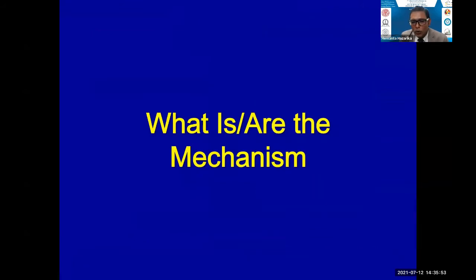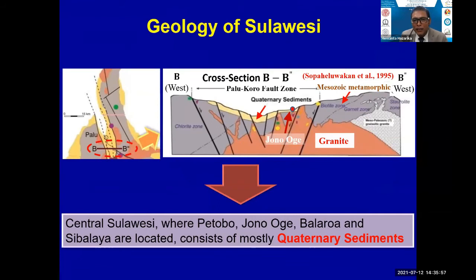So what are the mechanisms? First, you have to look at the geology of Sulawesi. Central Sulawesi, where Petobo, Jono Oge, Balaroa, and Sibalaya are located, consists mostly of quaternary sediments.